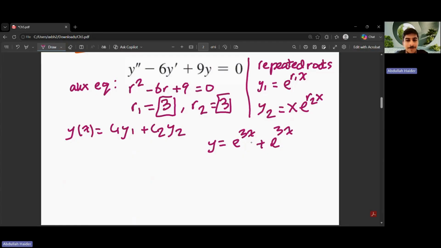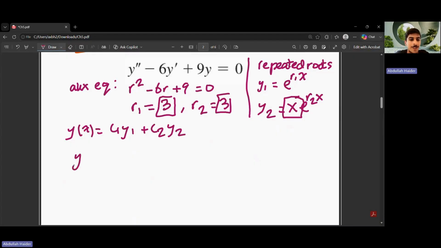And if you do the Wronskian and find its determinant, this will be equal to 0, which is not what we want. We want the solution to be independent, and this is the reason why we put an x beside e power r2x this time.